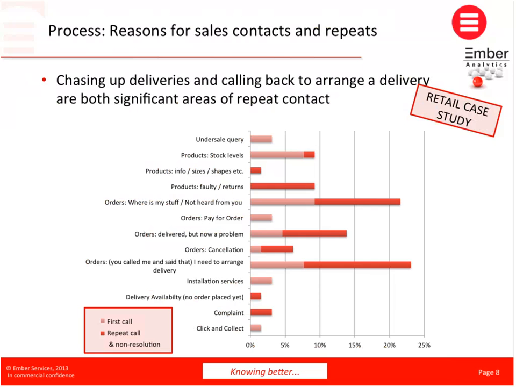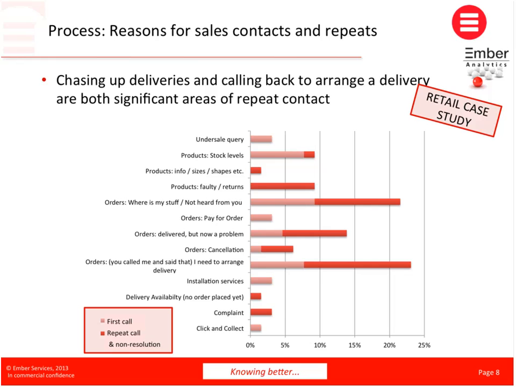But when you look at the calls that are coming here, the two biggest ones are, first, I need to arrange a delivery. So you've called me and left a message, and I need to book a delivery slot, which is the biggest bar. And so clearly, there's a lot of manual work going on in this contact center to arrange the delivery process for this company. Clearly needs some process redesign.